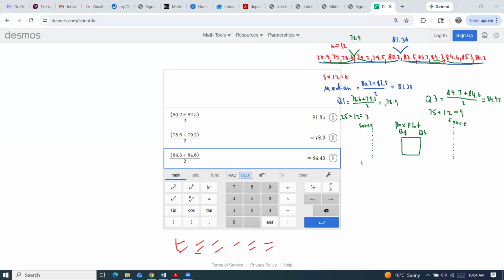So I just saw that 78.9 is the first quartile, and the third quartile was 84.45. So what I can do is find the range in between of these quartiles, so-called interquartile range.